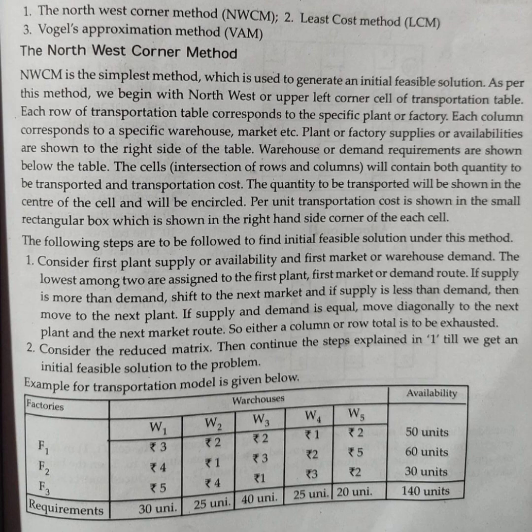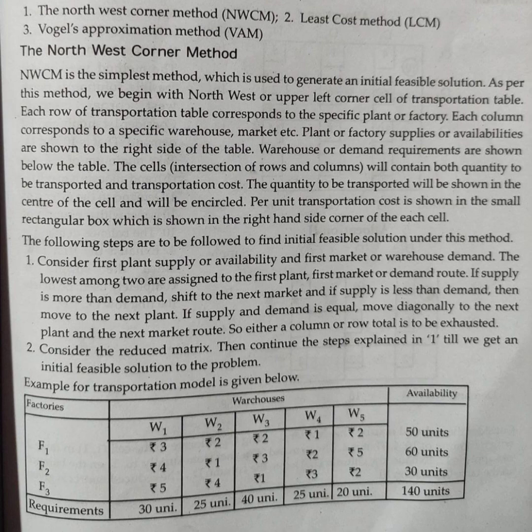The cell will contain both the quantity to be transported and the transportation cost. The quantity to be transported will be shown in the center of the cell and will be encircled.